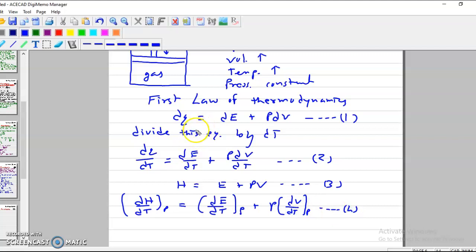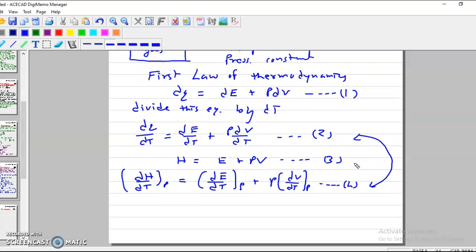Now we compare equation 2 and equation 4. If we compare these two equations, we will come to know that dq upon dT is equal to dH upon dT at constant pressure. These two will be the same.